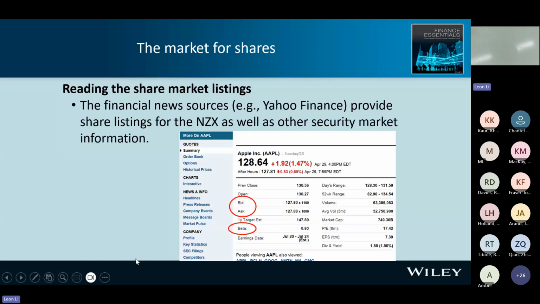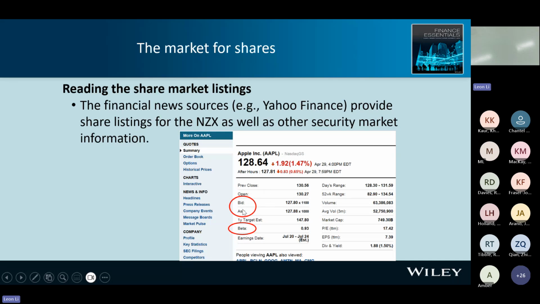It's not difficult to find the market information for share. Again, I want to highlight the market is the secondary market for share. Here I just pick one example: in Yahoo Finance, I type Apple, then you can find the share information of Apple.